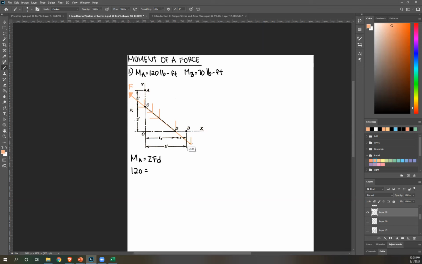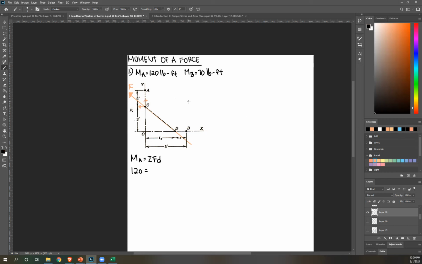Now you're going to put it in a position that makes your equation easier to solve. The answer to where I should put my components is here at point C.